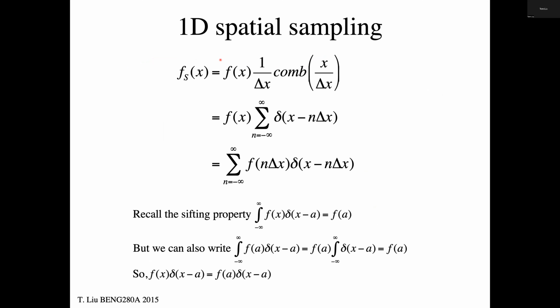So here's our sampled continuous version of f of x. It's essentially the continuous function multiplied by the comb function. Basically, you can write the comb function out as this sum of individual delta functions that are separated by delta x, okay?